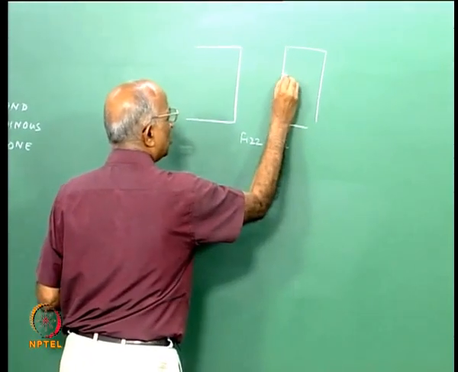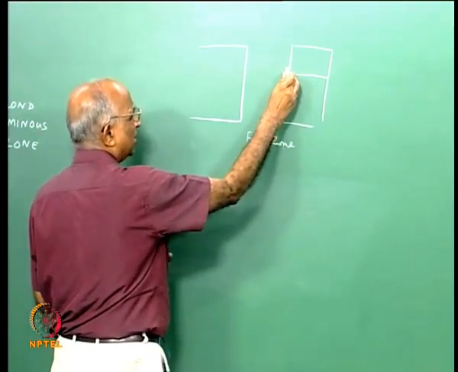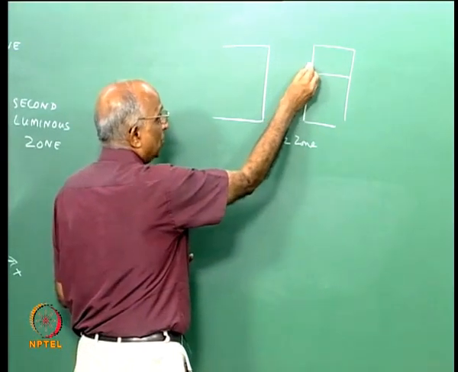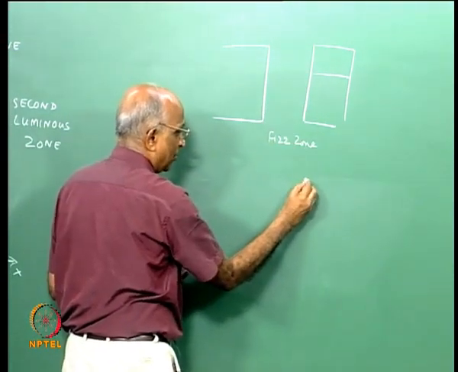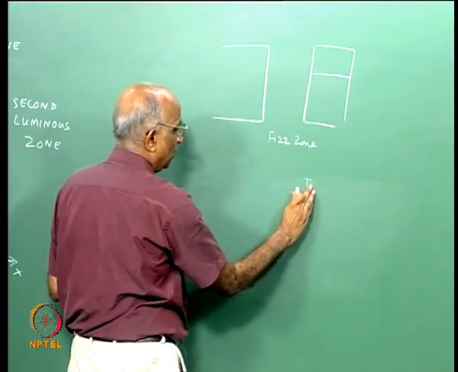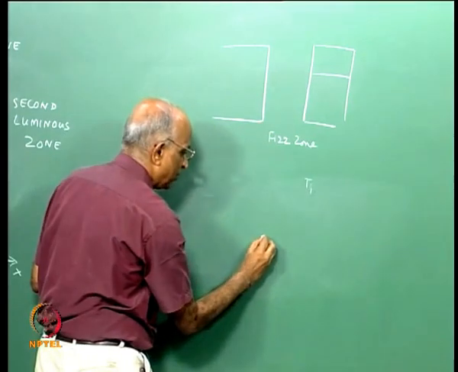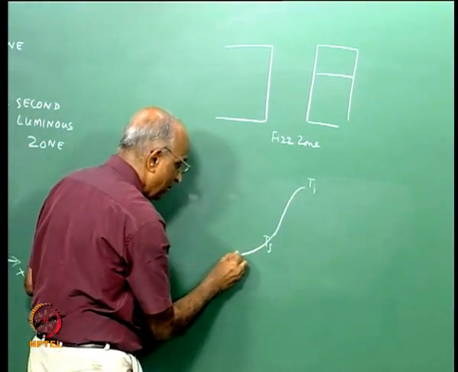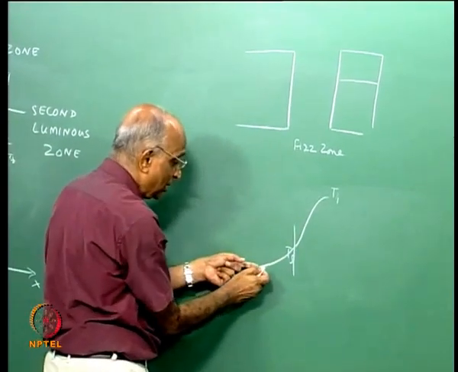The temperature is constant there, and if temperature is constant, nothing is going to come over here. At the edge of the fizz zone the temperature is T1, at the surface the temperature is Ts, and within the solid it is still decreasing.